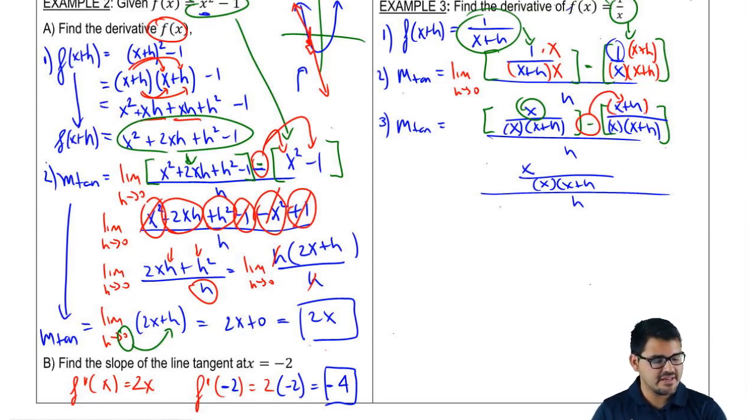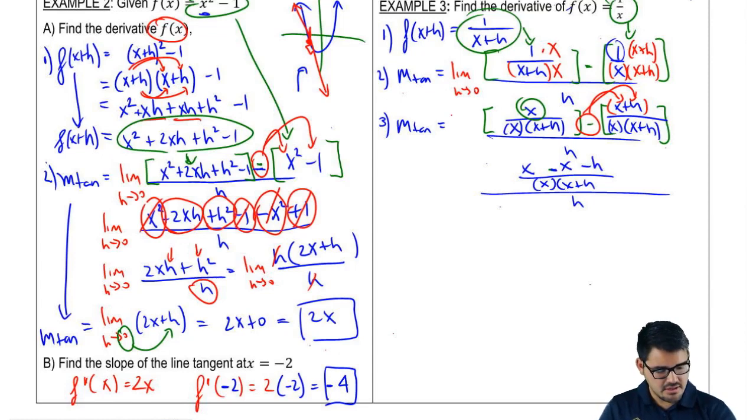So we actually have a negative distributing times the whole x plus h. So that means that I'm going to have a negative times the x and a negative times the h. So that is going to give me minus x minus h.